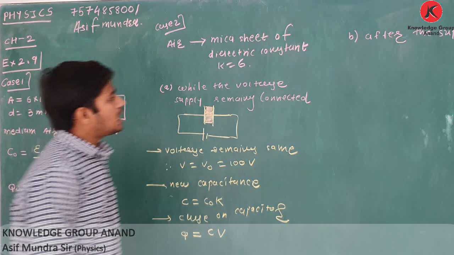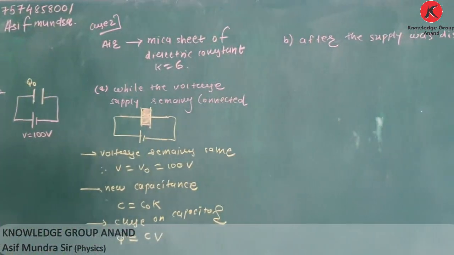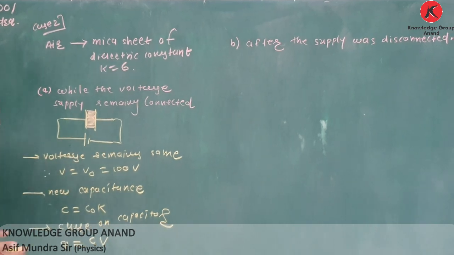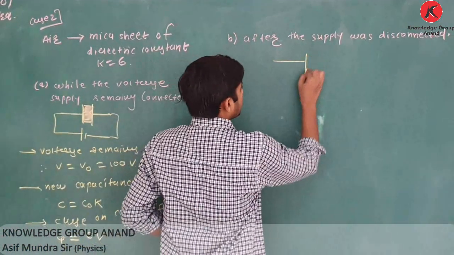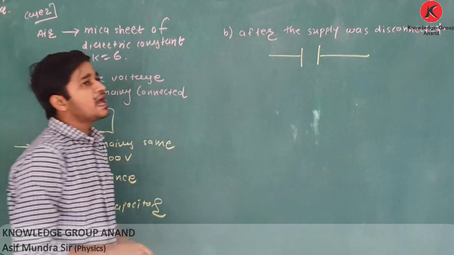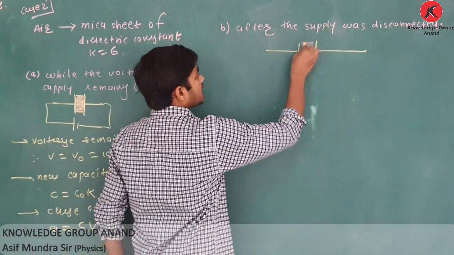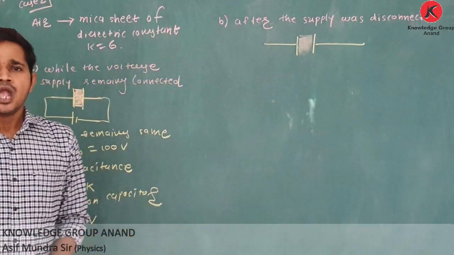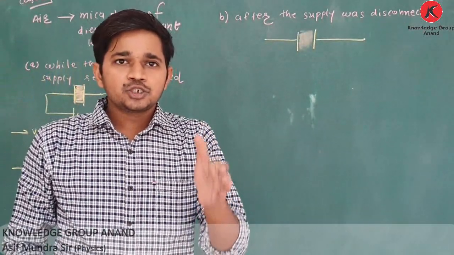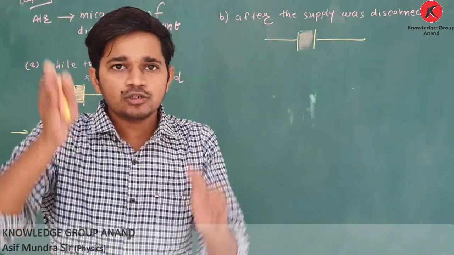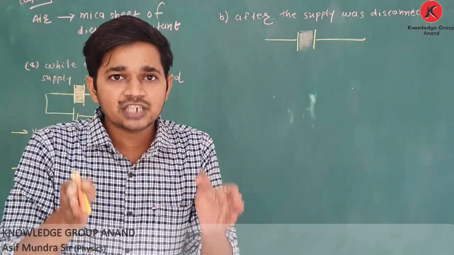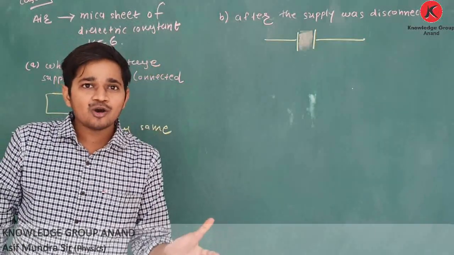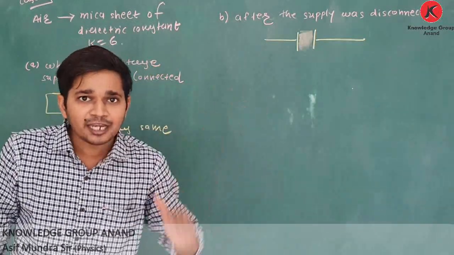Now, part B. After the supply was disconnected, means the battery disconnected, and the mica sheet is inserted. We know that charge on capacitor is charge on two plates, and that charge is stored from battery. So if the battery is disconnected, no charge can be induced on any plate.